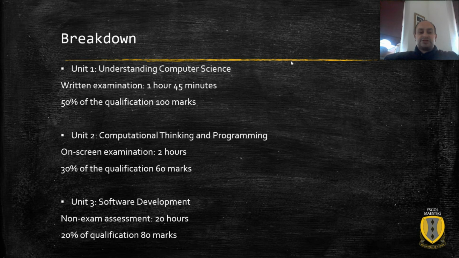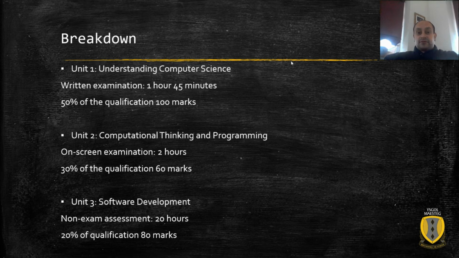And then the smallest unit, which is 20% of the overall mark, is a non-exam assessment, a coursework assessment based on a programming language of our choice, which in the past has either been Visual Basic, Python, or other programming languages that pupils can choose.